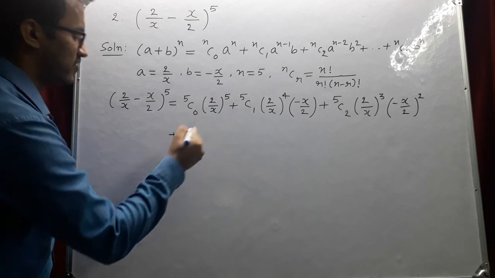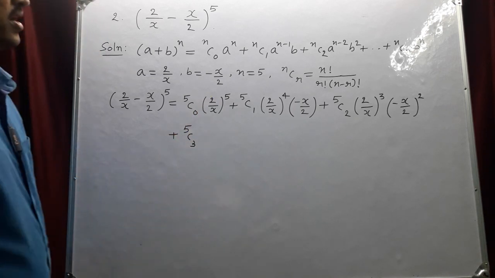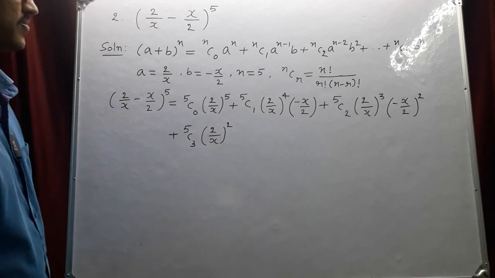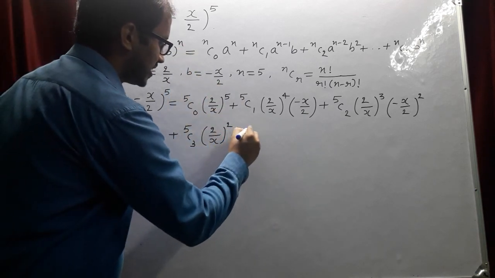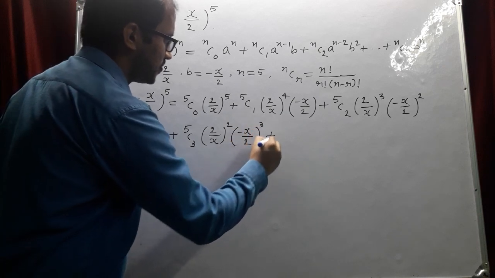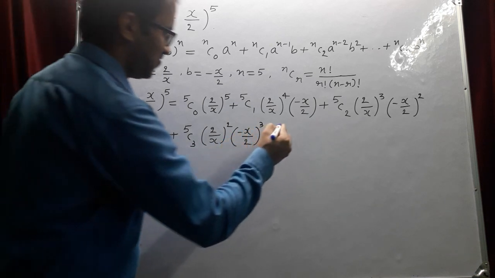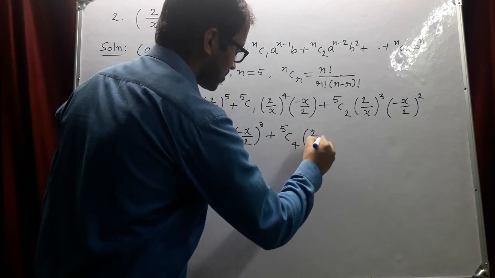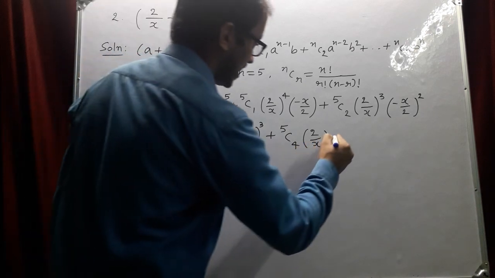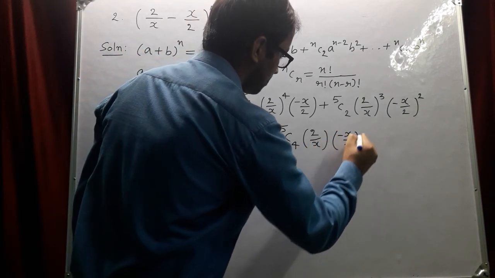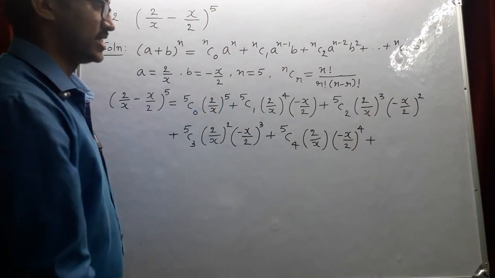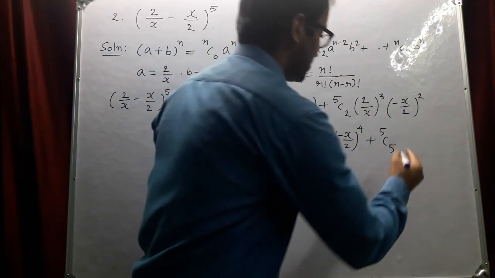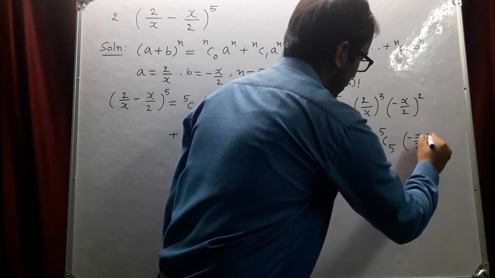Next term is 5c3, 2 by x square into minus x by 2 whole cube, plus 5c4, 2 by x into minus x by 2 power 4, plus last term, that is 5c5, minus x by 2 power 5.